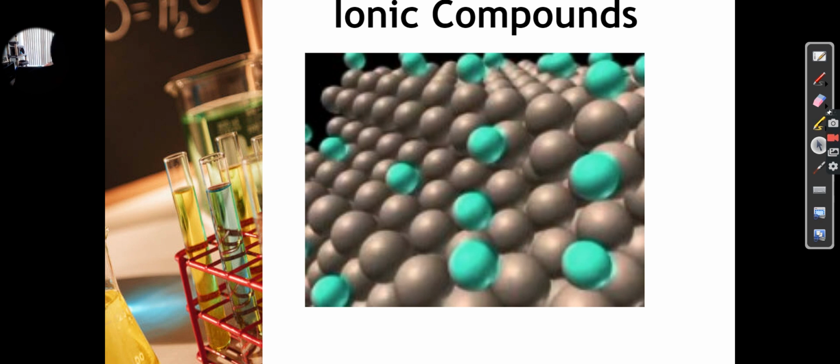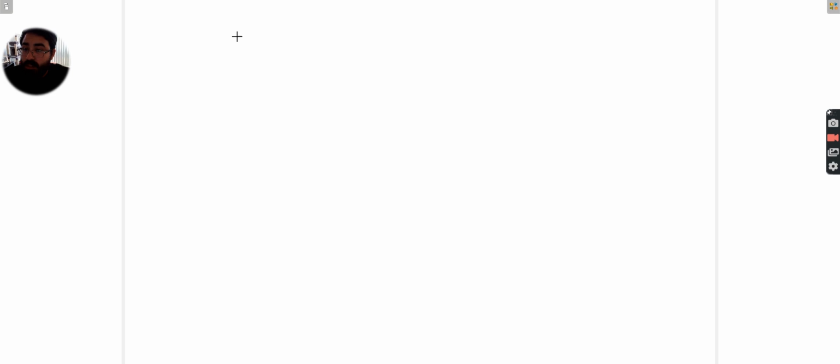Okay, let's do a tiny little bit of notation. Let's just show what it looks like as a formula. Let's say sodium. Sodium likes to lose electrons so that it becomes positive, and you write it out like that.